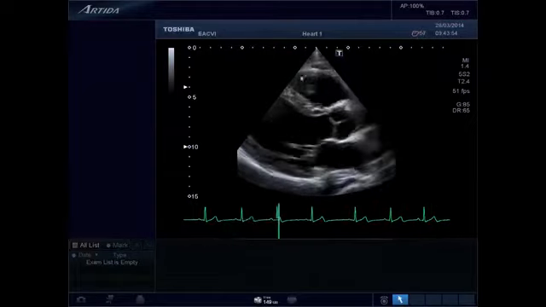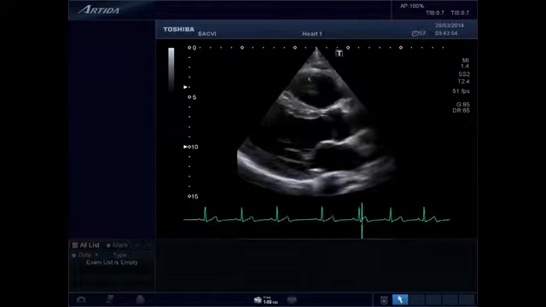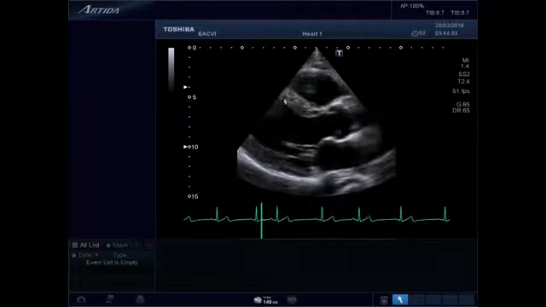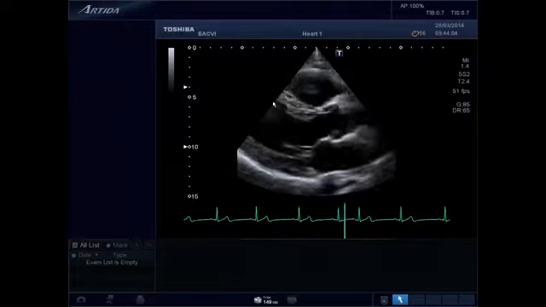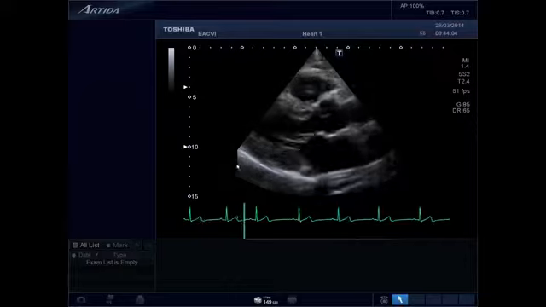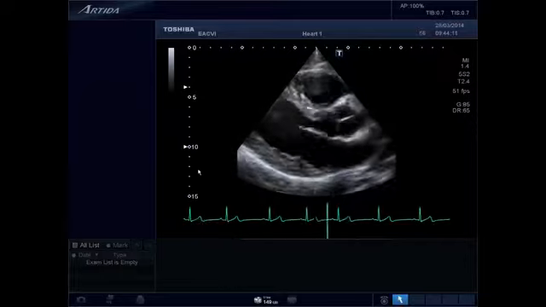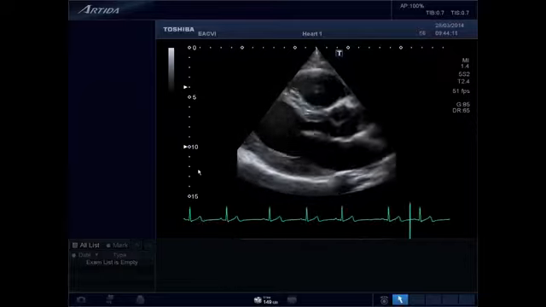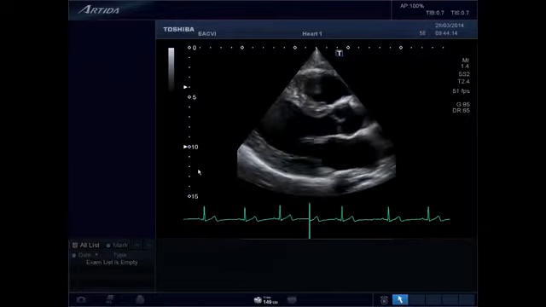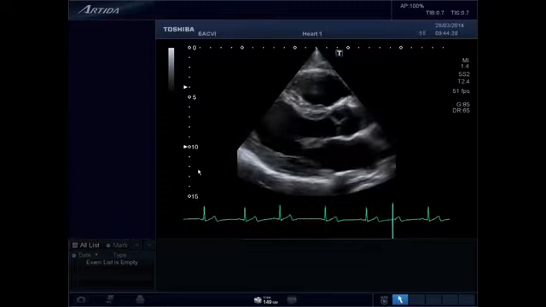Here I have the right ventricle, the outflow part, sorry. And here I have the septal wall of the left ventricle and the inferolateral wall of the left ventricle. So I'm appreciating the morphology of the valves and also the wall motion of the left ventricle.